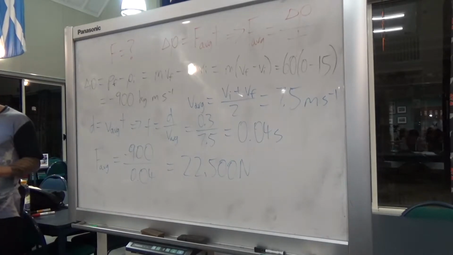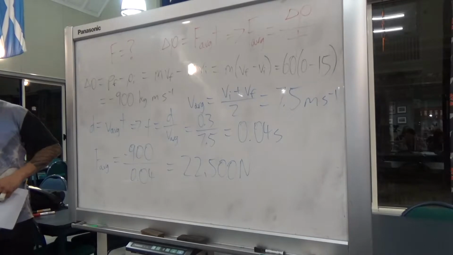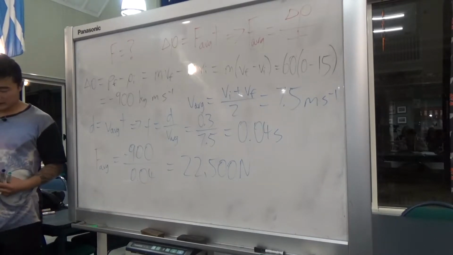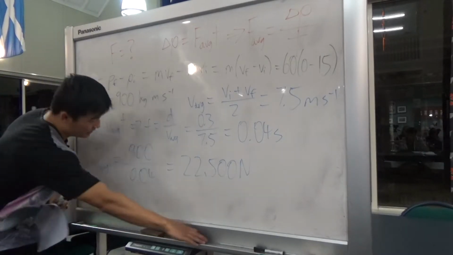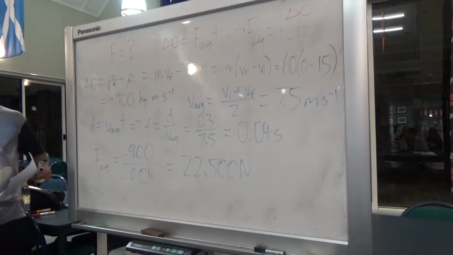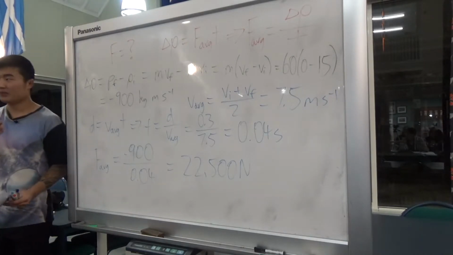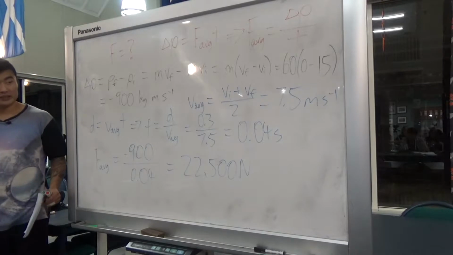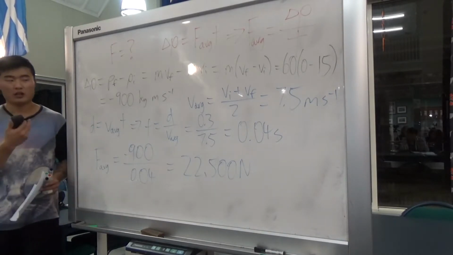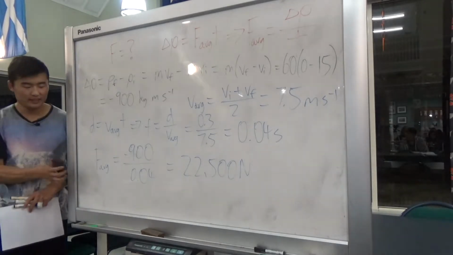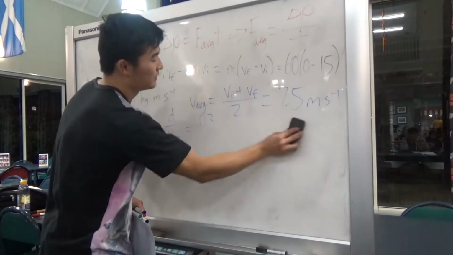That's a huge amount of force, right? So that's a bit of a long way to do it, but I just wanted to go through it, so it's a good way to remind you of the change in momentum and how to use it, and all these different equations as well. In the exam you'd probably do it another way, and I'll show you that now.